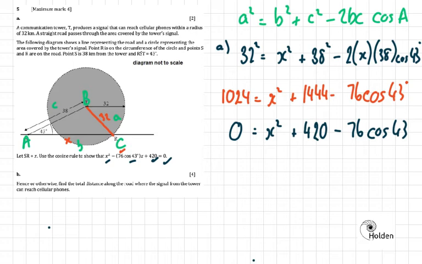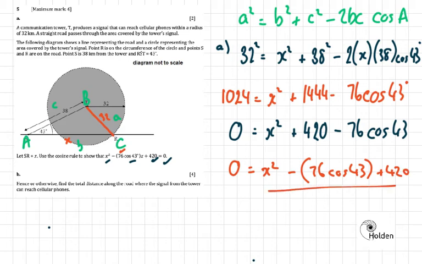Yes, it's just in the wrong order, so let's rejig it. So 0 is equal to X squared minus bracket 76 cos of 43 close bracket X plus 420. That's the important line. We need to show that step in order to get the full value.